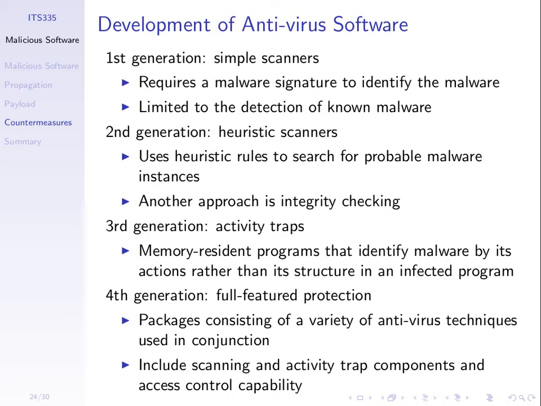So the improvements were to follow some more general rules rather than looking for specific lines of code which match existing viruses or malware, is to follow some rules and look for some probable lines of code that would be in the malware.